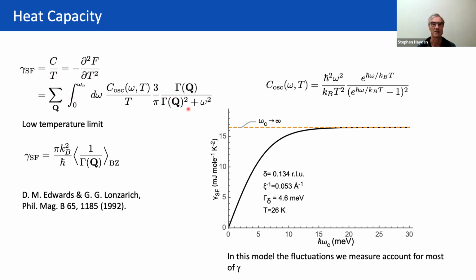And you can either evaluate this analytically at finite temperature, or you can use this low temperature limit here. So we know this from our fit, and one thing is this cutoff, which has to be there because of the nature of the cross section we used.